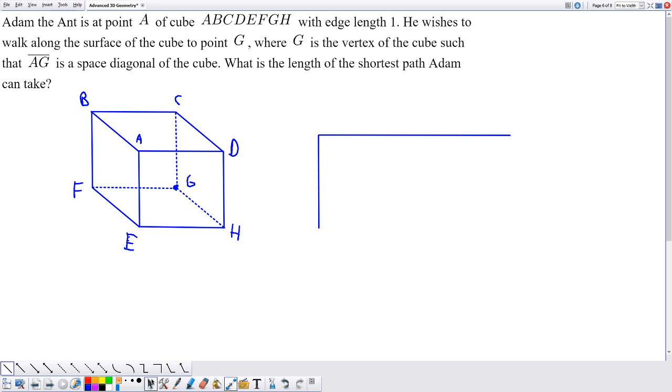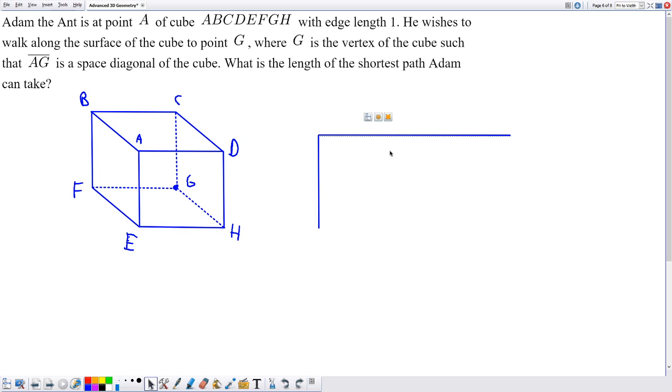However, if the ant is walking across 2 of the surfaces, then if we want to represent the entire situation, the 2-dimensional diagram is not going to be just a square, it's going to be a rectangle.